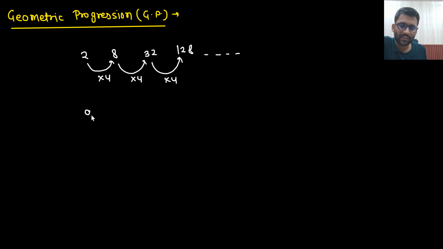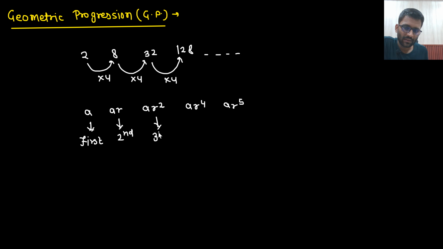So basically, if the first term is a and the second term is multiplied with r, the third term will be multiplied with another r, and the fourth term with another r. So first term, second term, third term, fourth term, this will be ar to the power 3, this would be ar to the power 4, and this would be the fifth term.